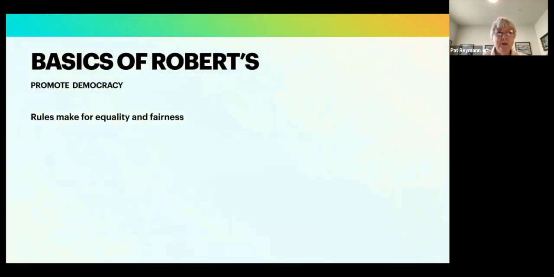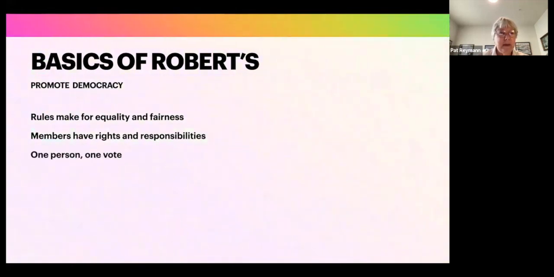Sometimes people cringe when they think they've got rules to think about or rules to be under, but the Roberts rules, and I think many of the rules in society actually, are made to treat everyone equally and to be as fair as possible, so that the big guy doesn't run over the little guy. All members have rights and responsibilities toward their organization.